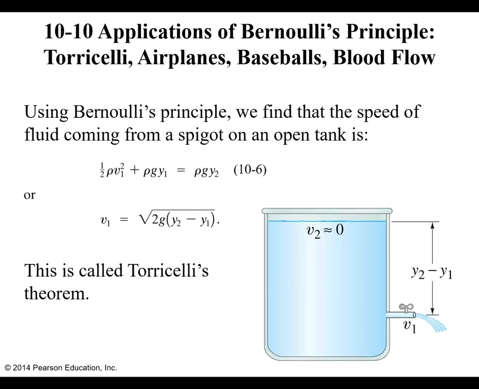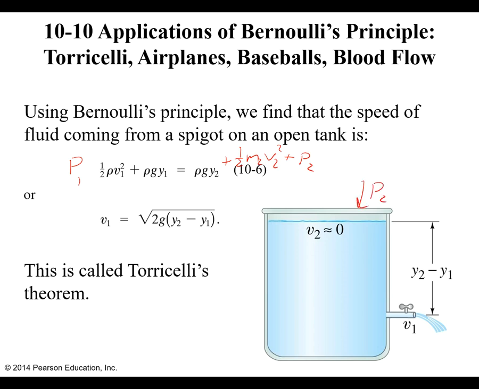Now here's a very important application of Bernoulli's principle. We can actually find the speed of a fluid coming out of a spigot in an open tank. How? Well, you have Bernoulli's equation. I'm going to make it complete, put all the terms there.